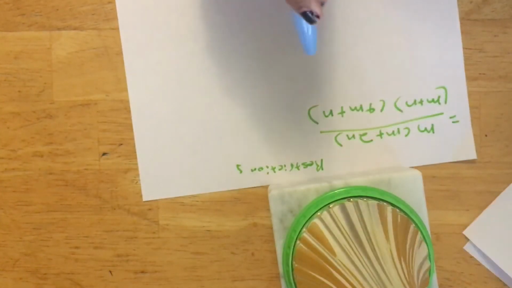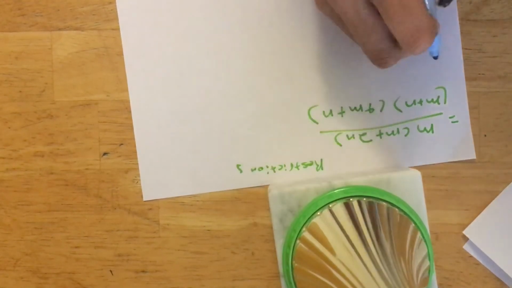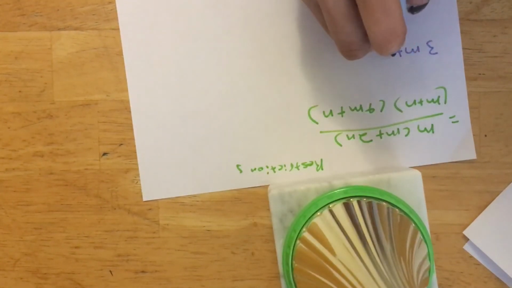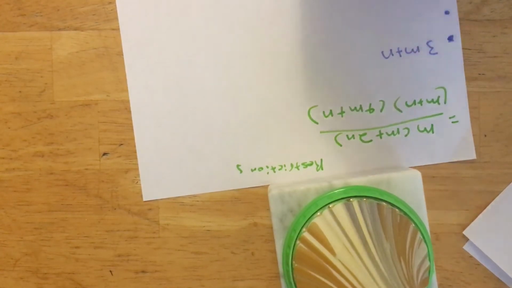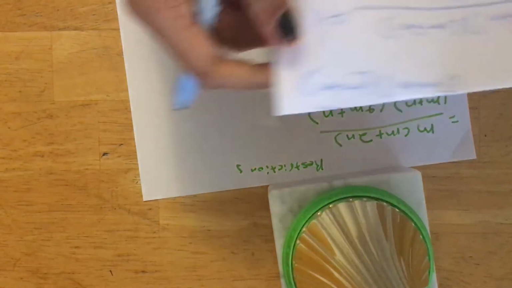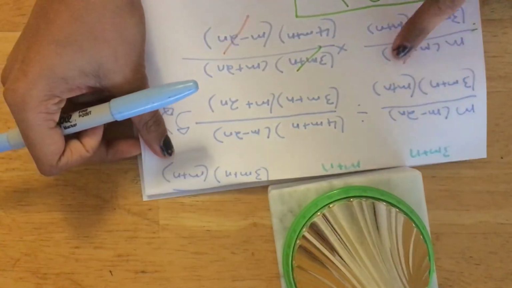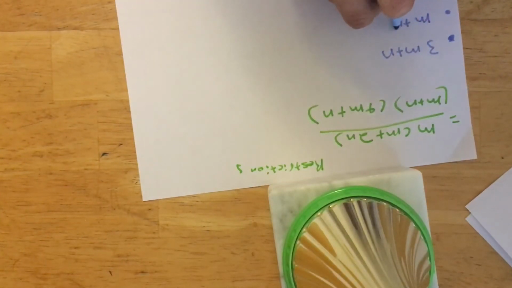So the first denominator I'm going to take that we did was 3m + n. I'm going to list them all down. I'm not going to do an equal sign. 3m + n. Another denominator we did was m + n. So I'm going to have that down, m + n.